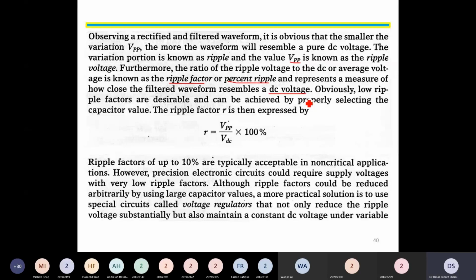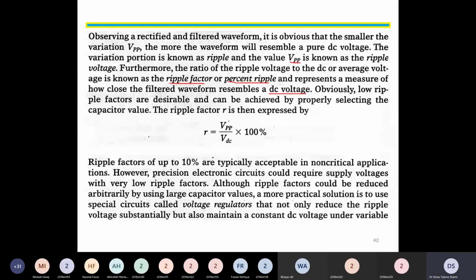Although ripple factors could be reduced arbitrarily by using a large capacitor, a more practical solution is to use special circuits called voltage regulators that not only reduce the ripple voltage substantially but also maintain a constant DC voltage under variable conditions.